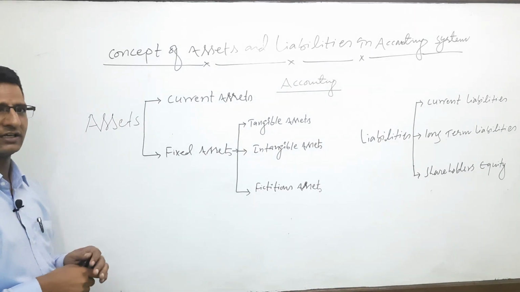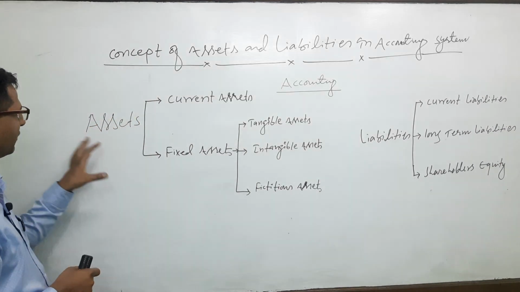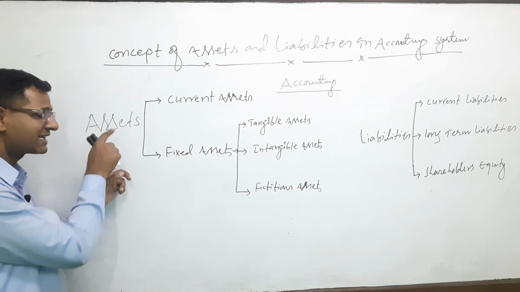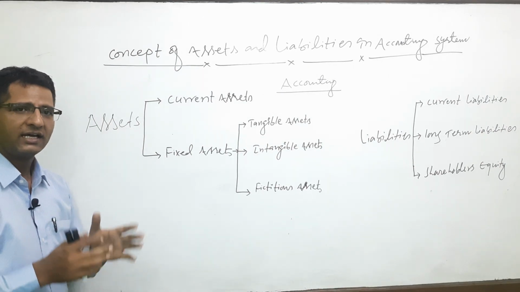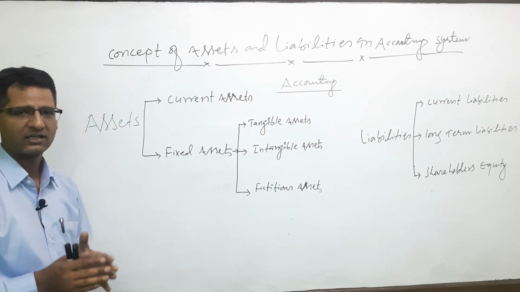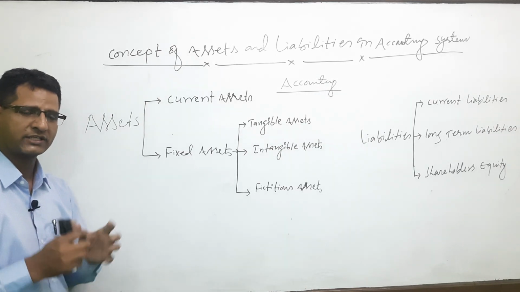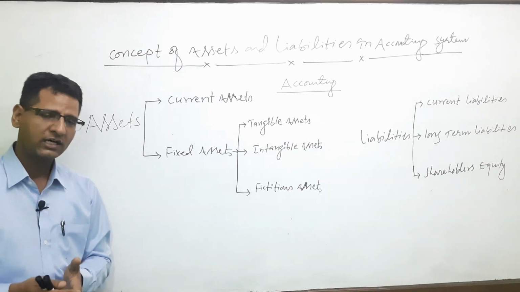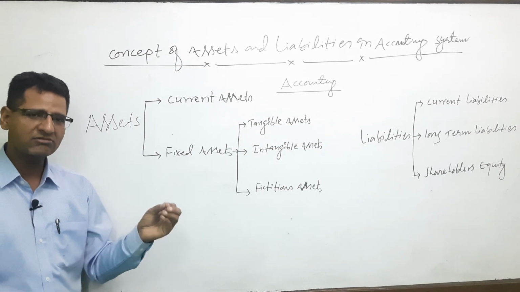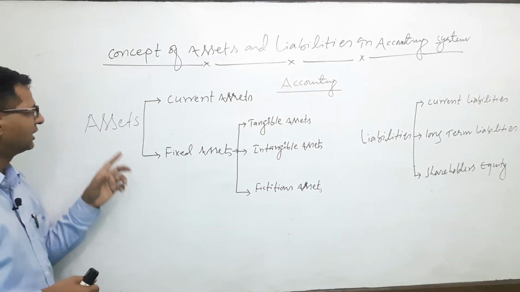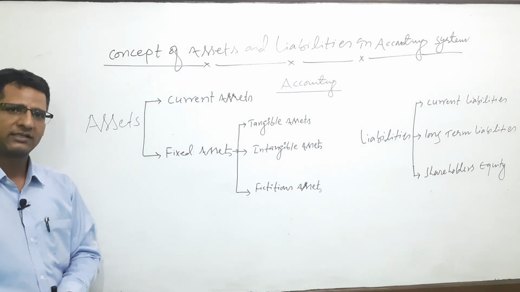Assets, first of all, I am going to discuss accounting assets. What are assets? Simply we can say that assets are the properties, things which we have and which help to earn profit or to process different types of raw materials into finished goods. So assets are very important.